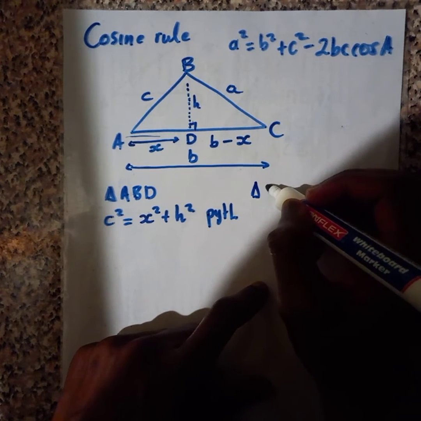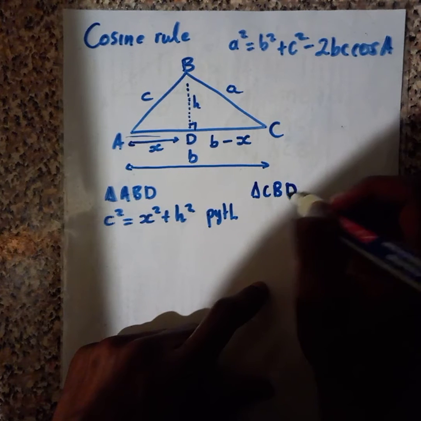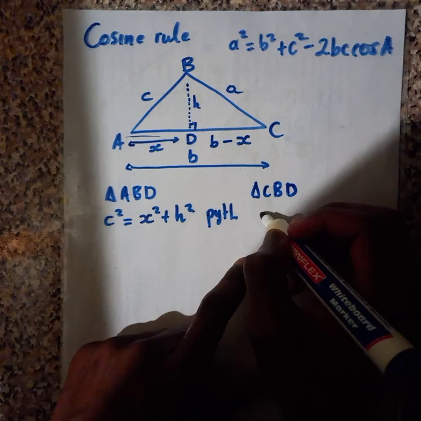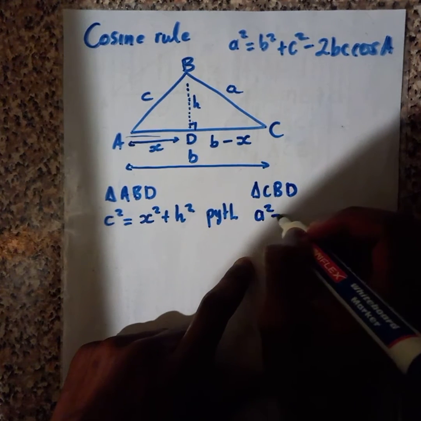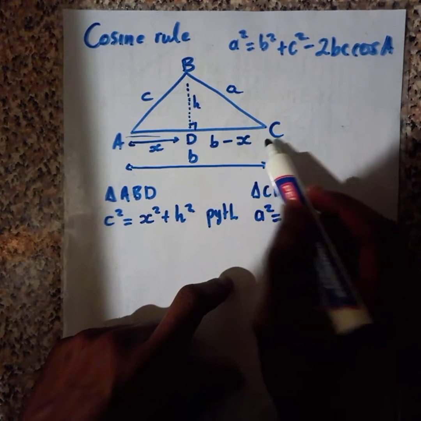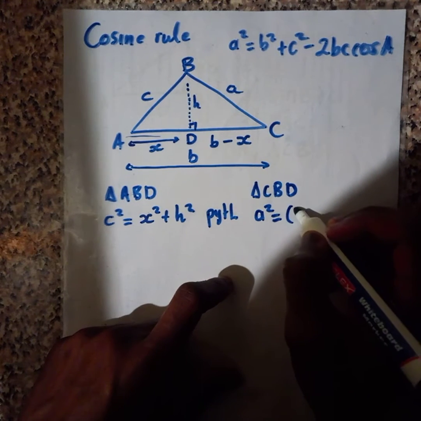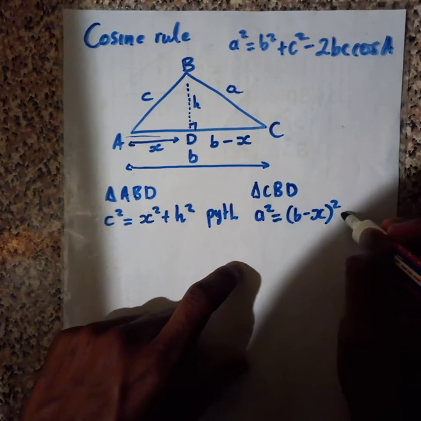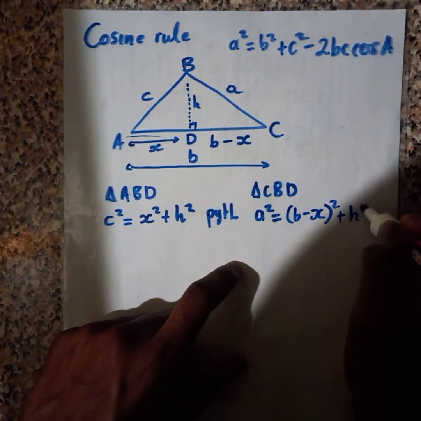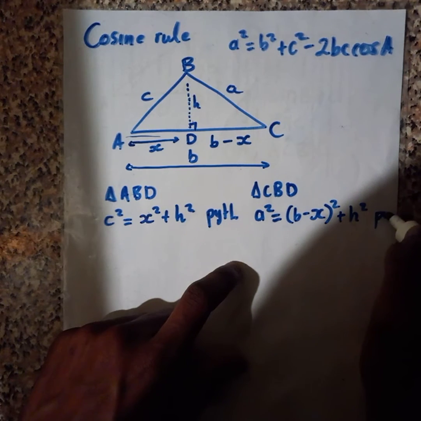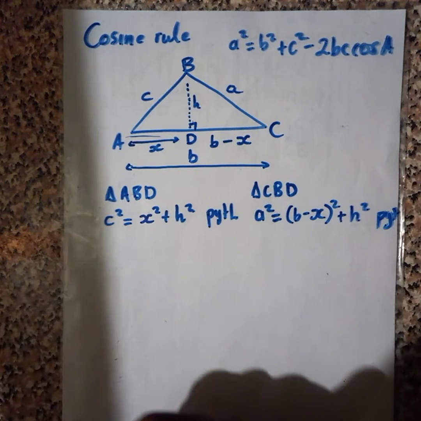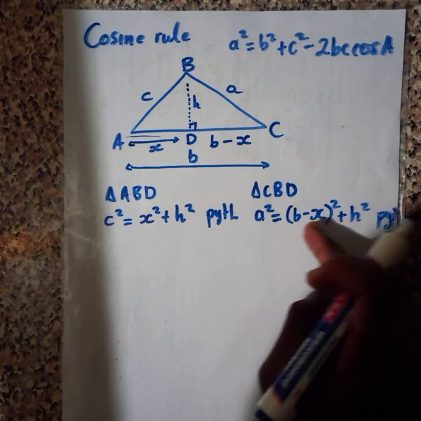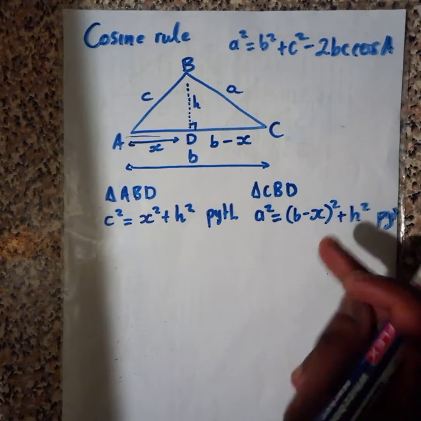In triangle CBD, we also have our hypotenuse, which is a squared. Then our adjacent in this case is going to be (b minus x) squared. Then our opposite, which is h squared. Same theorem of Pythagoras.